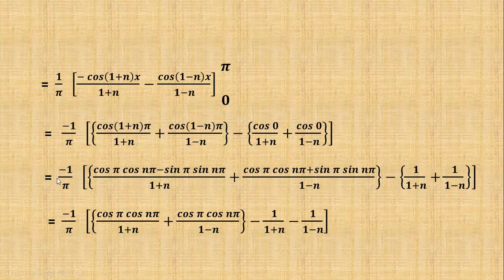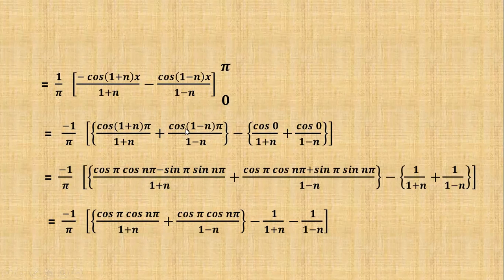Okay. Minus 1 by pi into, cos a plus b is cos a cos b minus sin a sin b. So here a is equal to pi, b is equal to n pi. Cos a cos b means cos pi into cos n pi, minus sin a sin b means sin pi into sin n pi, by 1 plus n.